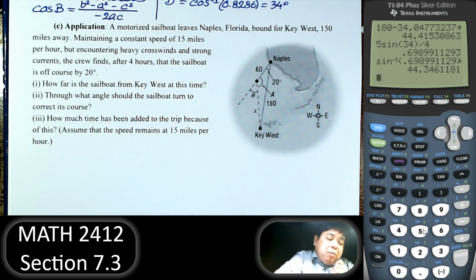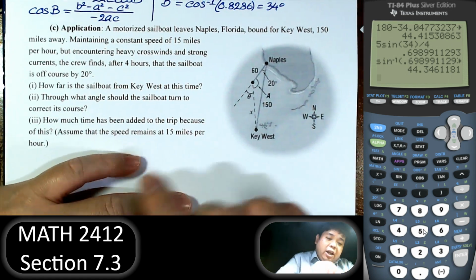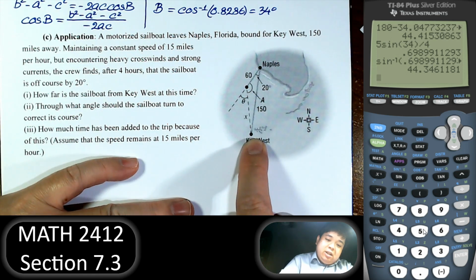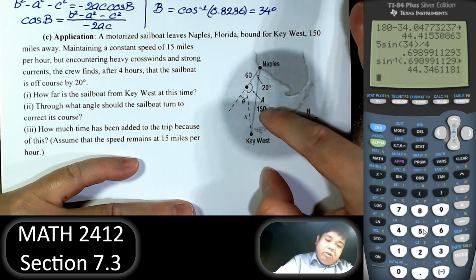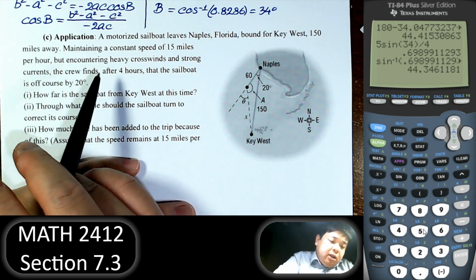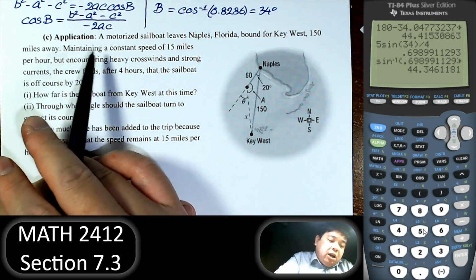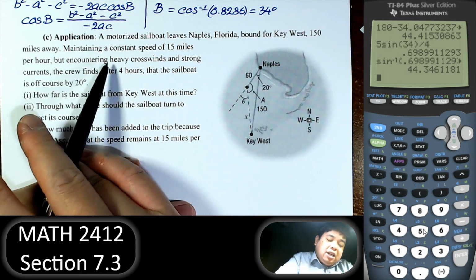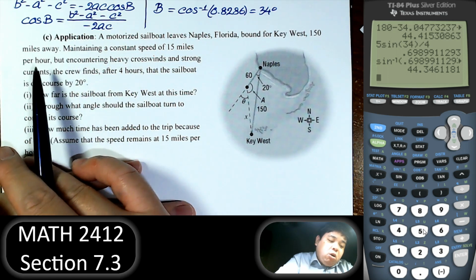Right. Now we have an application here. A motorized boat leaves Naples, Florida, going for Key West, 150 miles away. So that is 150 miles away. It maintains a speed of 15 miles per hour, but encounters a heavy crosswind and strong current.